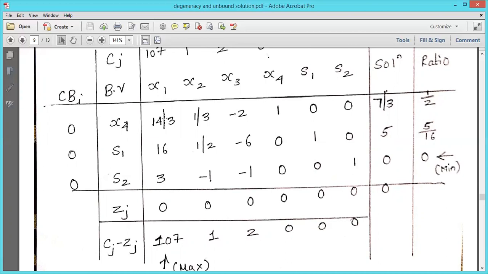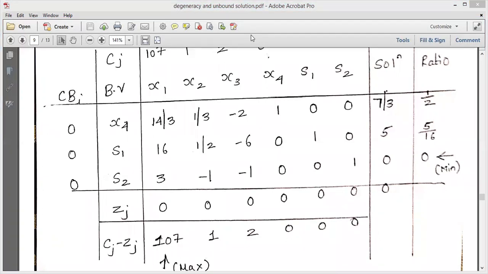Now we have to make these two values 0. To make this 0, R2 is equal to R2 minus 16 times R3. To make this 0, R1 is equal to R1 minus 14 by 3 times R3.